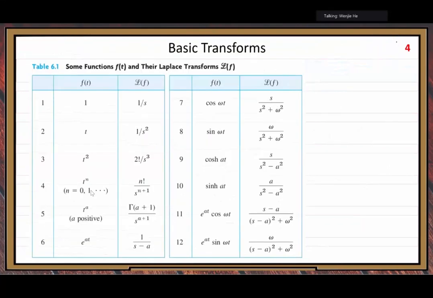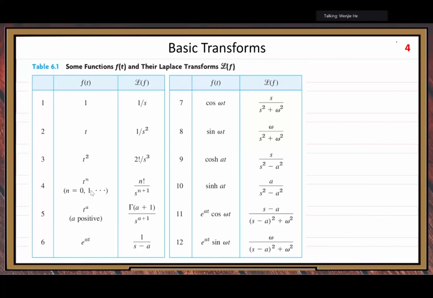Then here we summarize it. We have this table. Most of them we calculated in the previous slide, but there is one special one we didn't calculate. Look at formula number 5, t to the a.